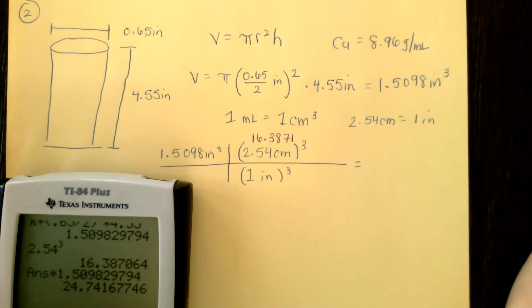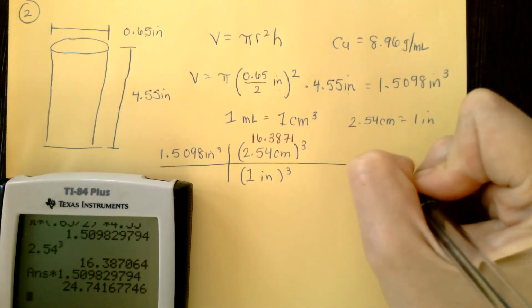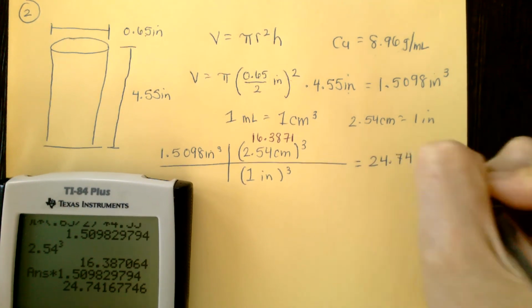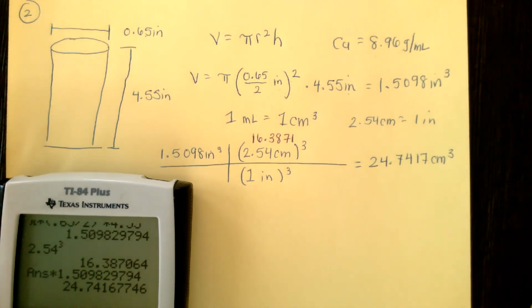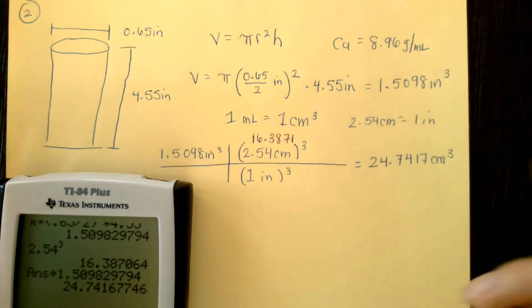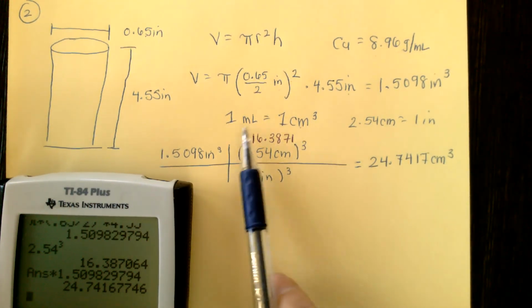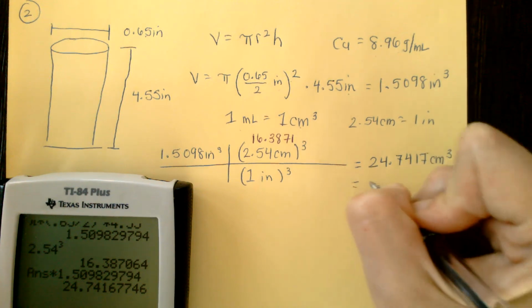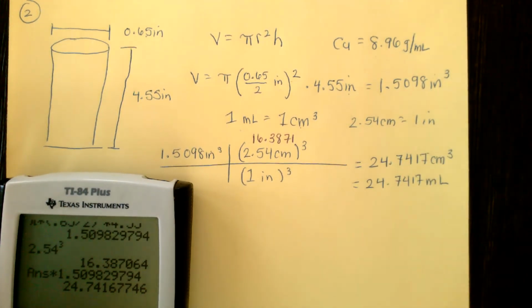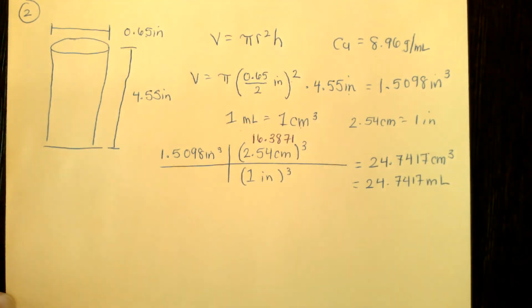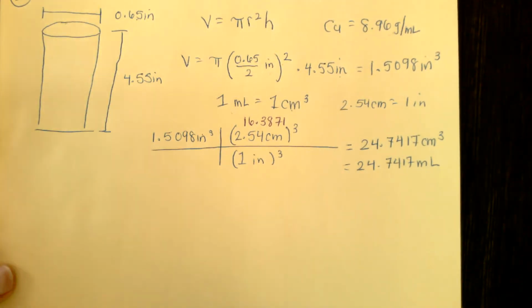So our volume in centimeters cubed is 24.7417 centimeters cubed. Again, I'm not worrying right yet about significant figures. I'll go back and look at that at the end when I'm ready to do my final rounding. Okay, so we do know that a centimeter cubed is equal to a milliliter. So this is also 24.7417 milliliters. Okay, so now that I have that, I can use my density of copper to solve for this.